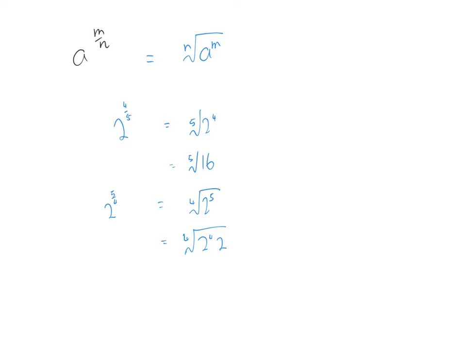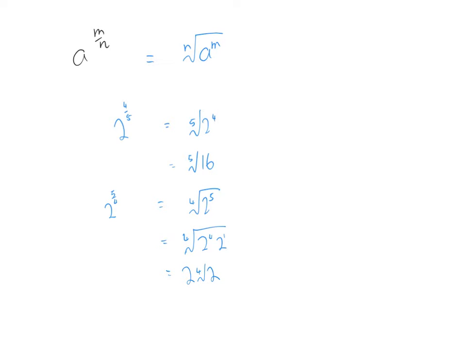Remember there's actually a power of 1 there which we don't write in, but if we did, we would have 4 plus 1 equals 5. What that means is the fourth root of 2 to the power of 4 is just 2, because the fourth root is the opposite of raising to a power of 4. So that's equal to 2 fourth root 2.